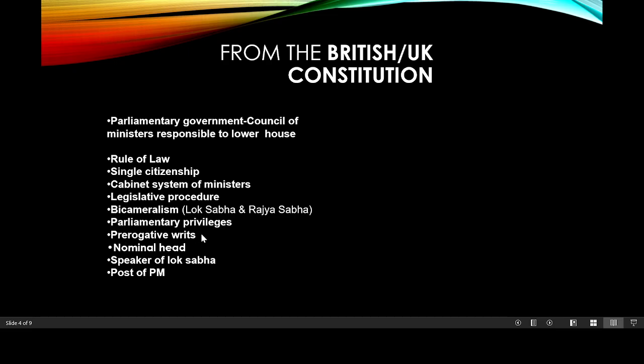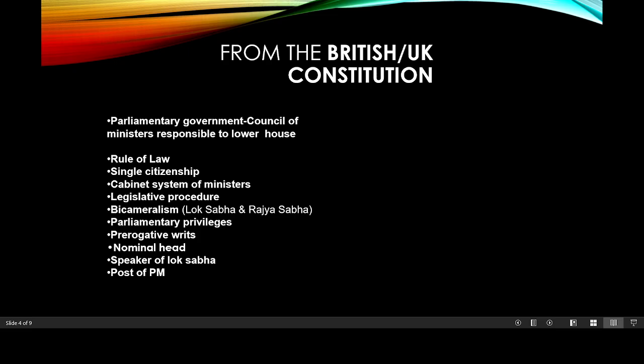Then parliamentary privileges, then prerogative rights. These are the rights mentioned in Article 32 of the Indian Constitution under fundamental rights. Then the nominal head: as in the UK there is a queen, in India we have the president.